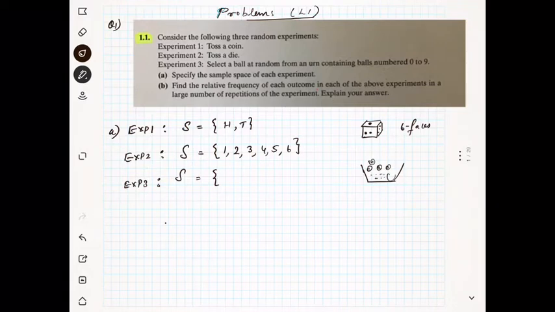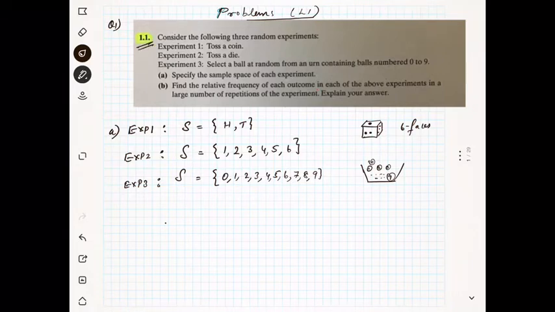Each ball is numbered 0, 1, 2 up to 9. So there are 10 balls actually. So you can have a sample space 0, 1, 2, 3, 4, 5, 6, 7, 8 and 9. So these are all the possible outcomes. This is one of the problems from the problem sheet. You can see the reference number 1.1.